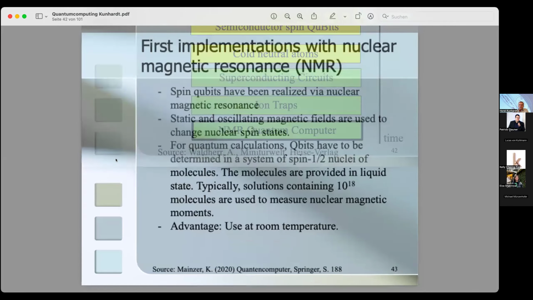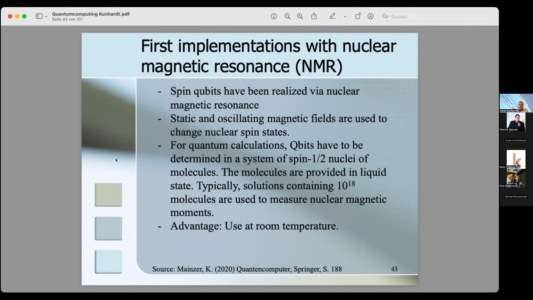Let's start with nuclear magnetic resonance computers. This technology, I would say, is very old. In the 1980s and 1990s, we developed that kind of technology, and the first implementations of how a spin qubit can be realized via nuclear magnetic resonance. We use static and oscillating magnetic fields in order to control the spin states of the atoms or the molecules.